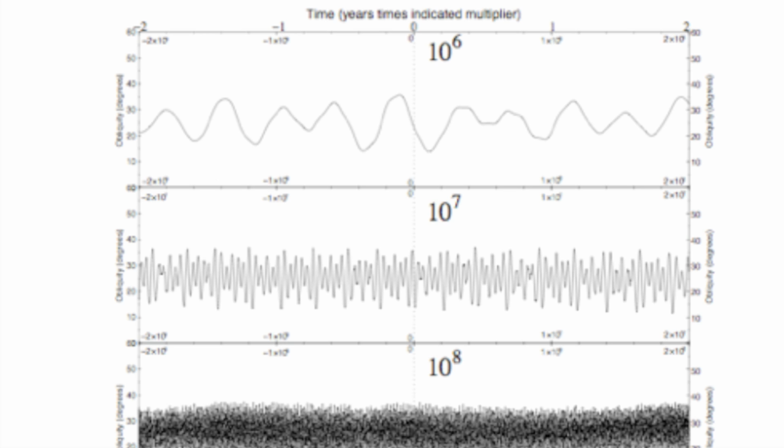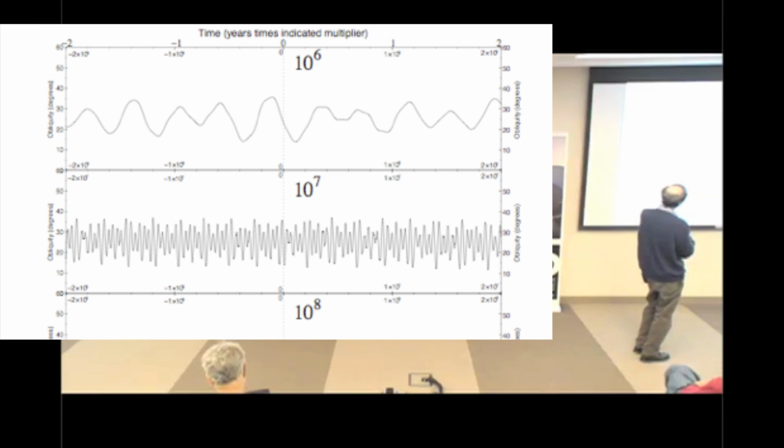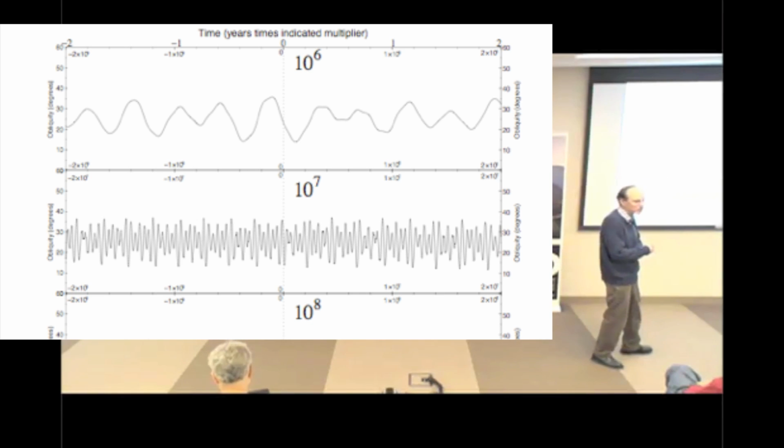This is back 4 million years centered on the present. This is 40 million years centered on the present. And there aren't much larger variations on 40 million year timescales than on 4 million year timescales. It gets down to maybe 12 degrees and maybe up to, well, still less than 40, maybe 37 or so.